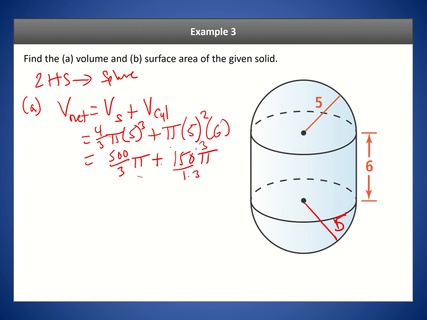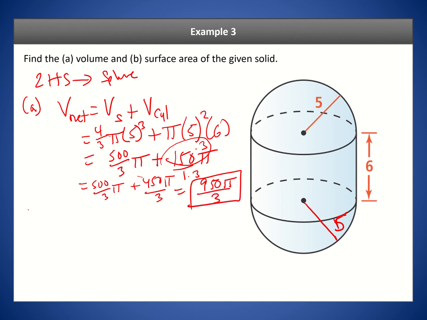And so this becomes 450 pi. So we got 500 over 3 pi plus 450 pi over 3, which is a total of 950 pi over 3. And there's my total volume. Of course, you can get that as a decimal, but I'm just practicing the fraction there.